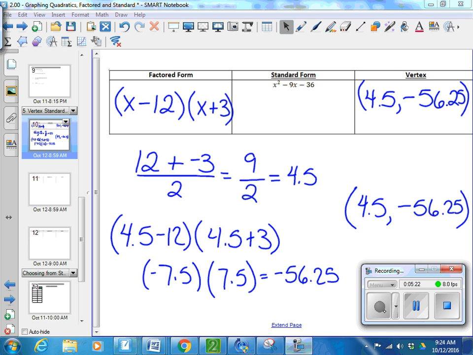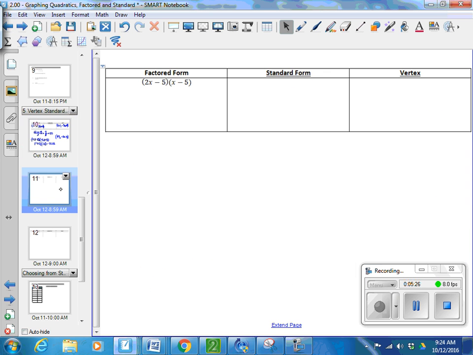All right, so now that we know that works, let's look at another one. With this one, I actually have the factored form already, so I need to put it in standard form so that I can calculate it using the standard form technique. The first thing we need to do is distribute so that we have the standard form.